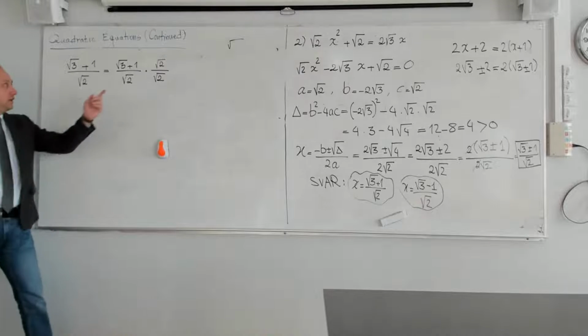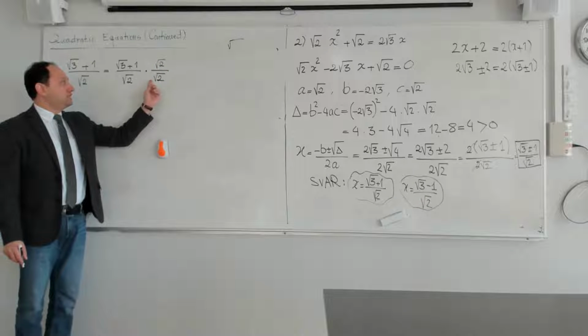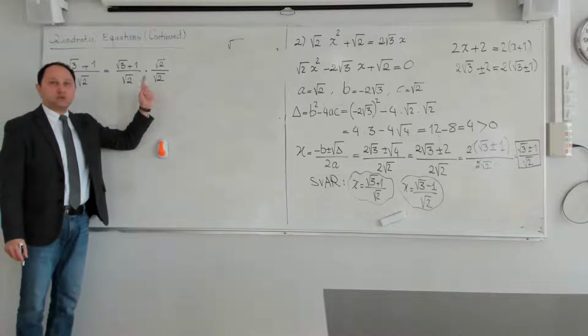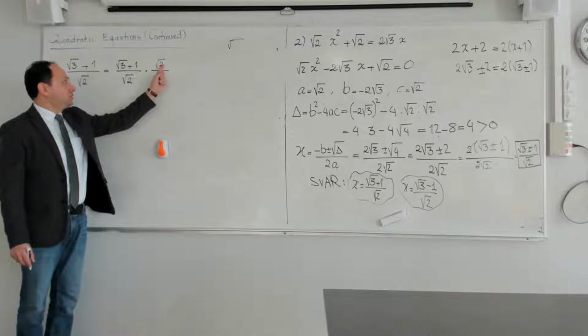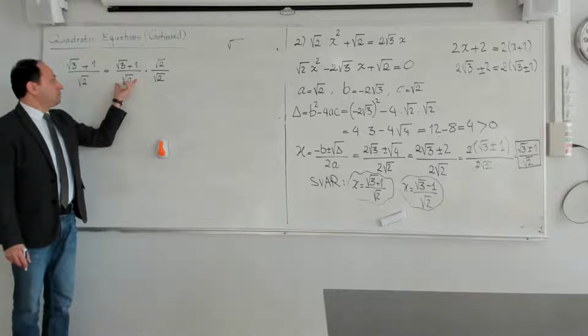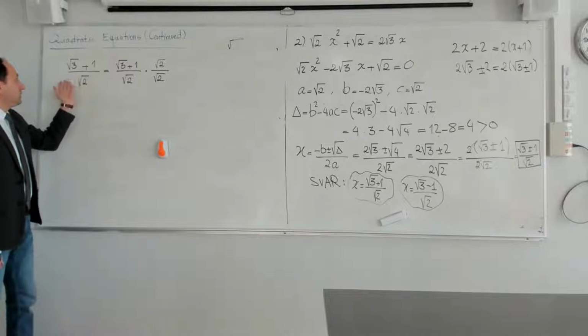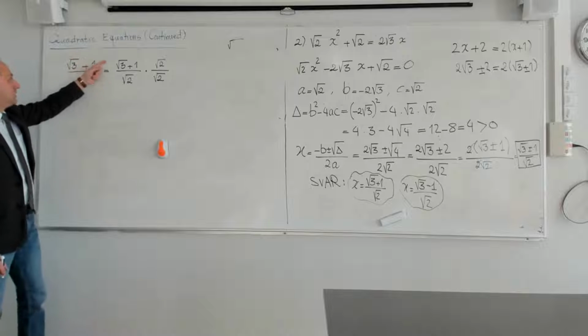Yes. Why? Because a square root of 2 divided by square root of 2 is a fancy way of writing 1. Square root of 2 divided by square root of 2 is 1. And I know that if I multiply my number by 1, it remains the same. So there is no difference between this and this.